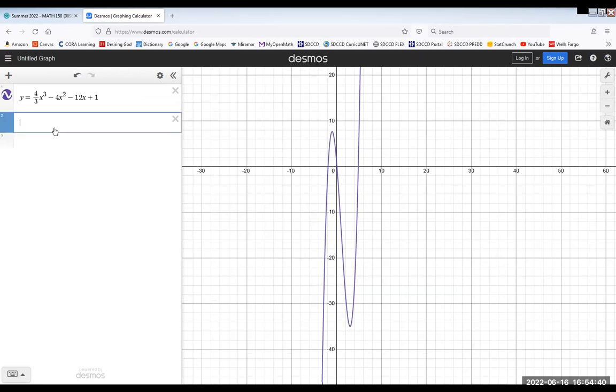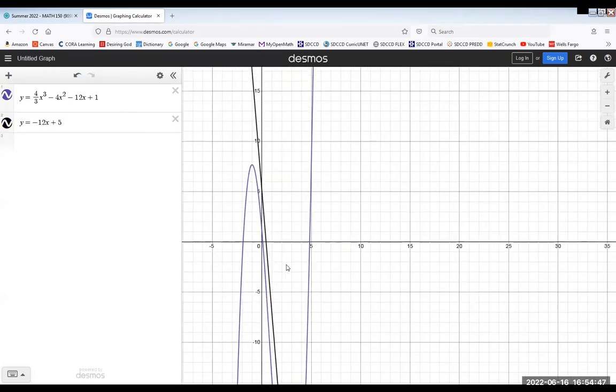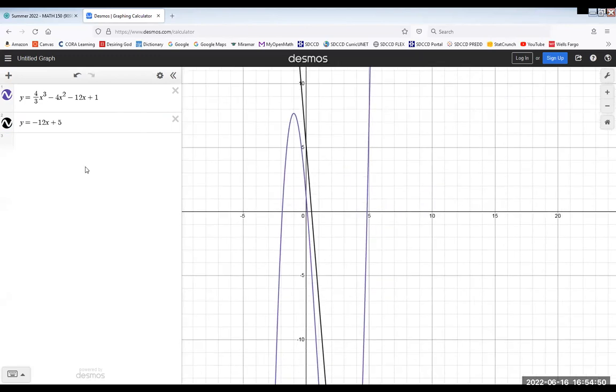And we're looking for points where it's parallel to -12x plus 5. -12x plus 5 comes in really steep right there, right? And we just found the points. We didn't find the equations of the tangent line, but no big deal. Here was one of them at 0, 1. Okay, yeah, so that's a point on the curve. And I can imagine the tangent line is going to be parallel to that black line. It's going to come in real steep right through there. Yeah, that makes sense.